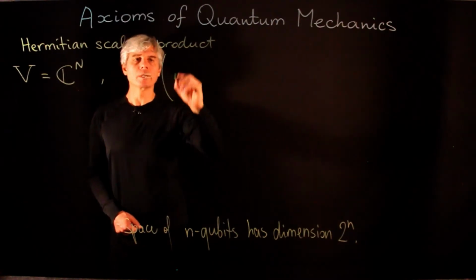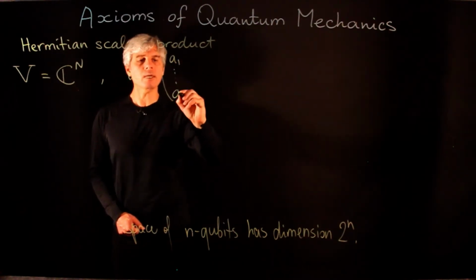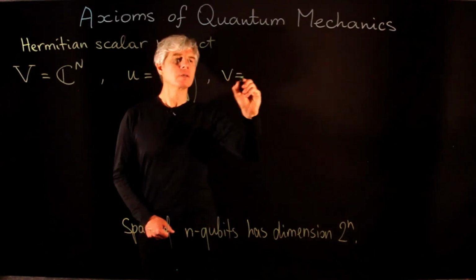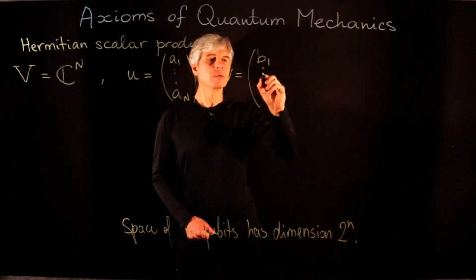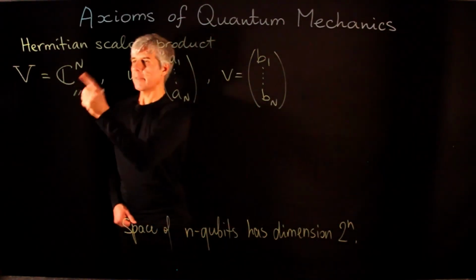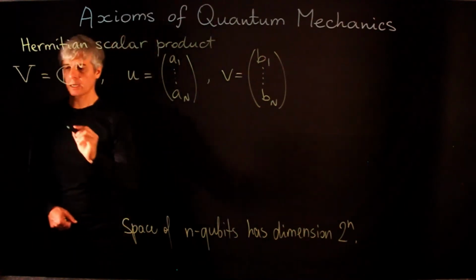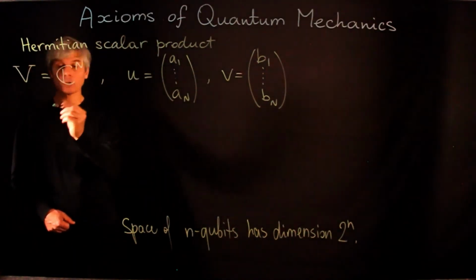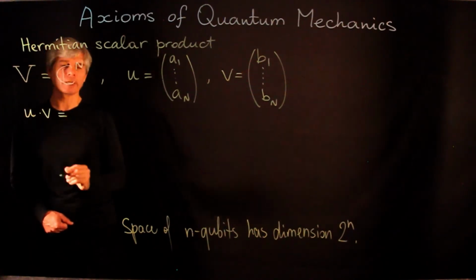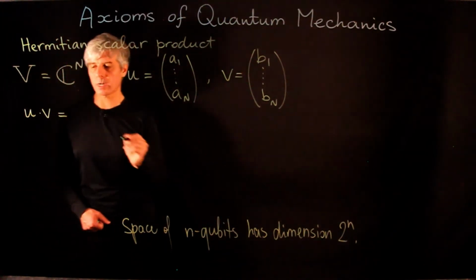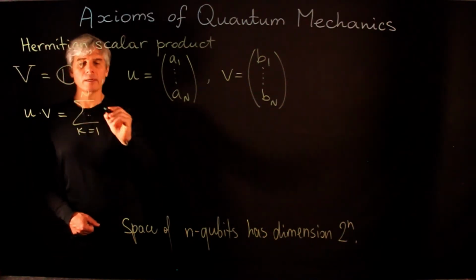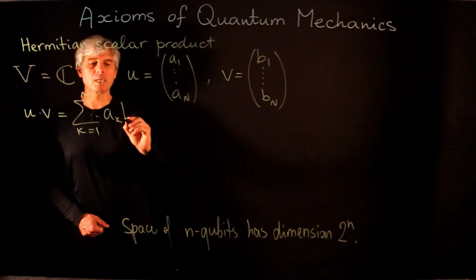So U is (a_1, ..., a_n) with complex components, and V is (b_1, ..., b_n). On this space, there is the standard dot product. So the dot product on this space can be defined in the same way as it is defined over R^n. So the sum, k goes from 1 to n, a_k times b_k.